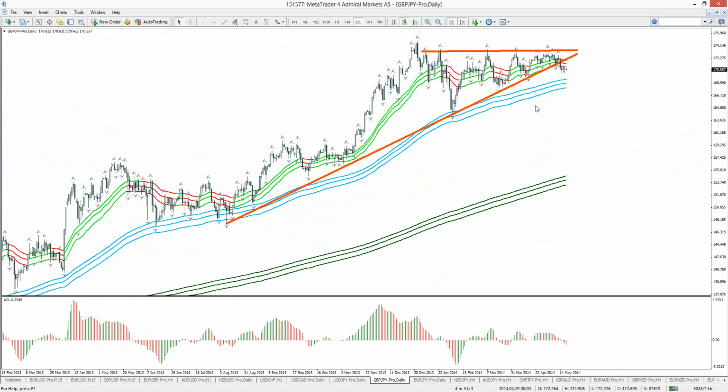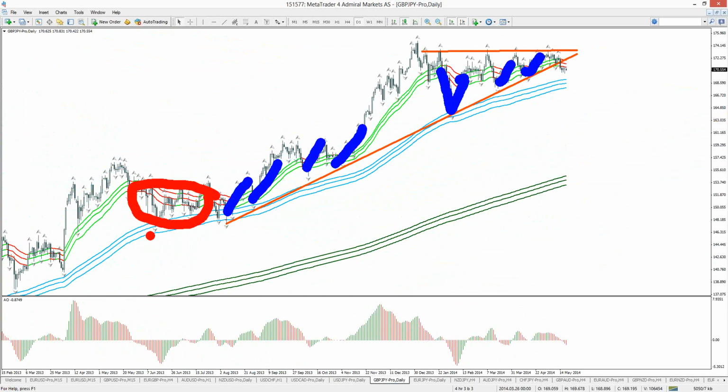Yeah, a bit. But okay, let's see. We've had those breaks before, and those were just retracements still. Like here, for instance, and here, and here, and here. Here we did have some bigger retracement.